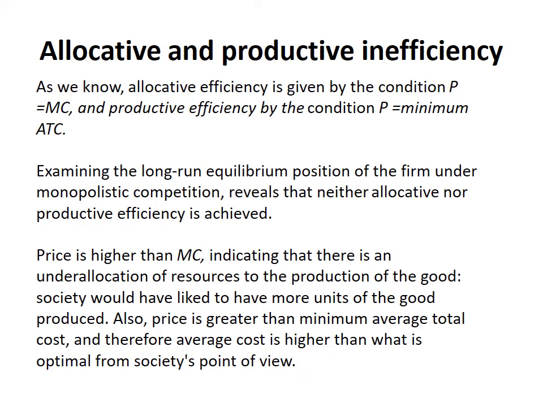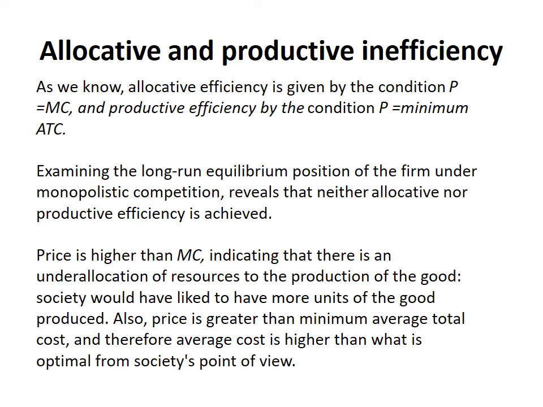So allocative efficiency and productive efficiency. I'm sorry I didn't bring this up earlier. I cannot flick backwards in this slide presentation, but you can in your handout. But we know that allocative efficiency is when P equals MC, and productive efficiency is by the condition of P equals the minimum ATC.